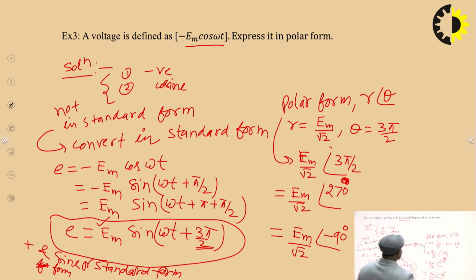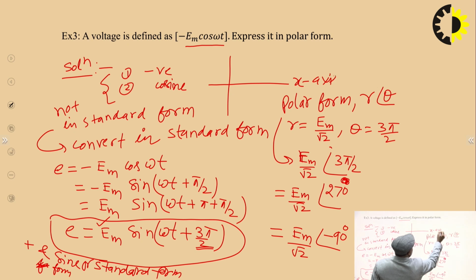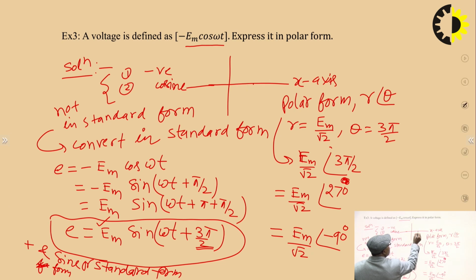Because suppose this is the x-axis. If we measure angle above the positive x-axis, this is plus 270 degree.